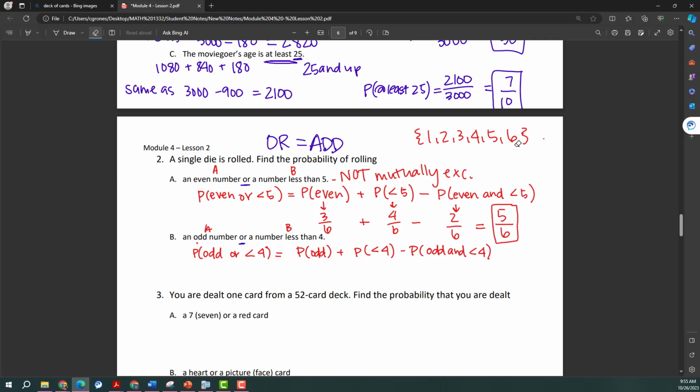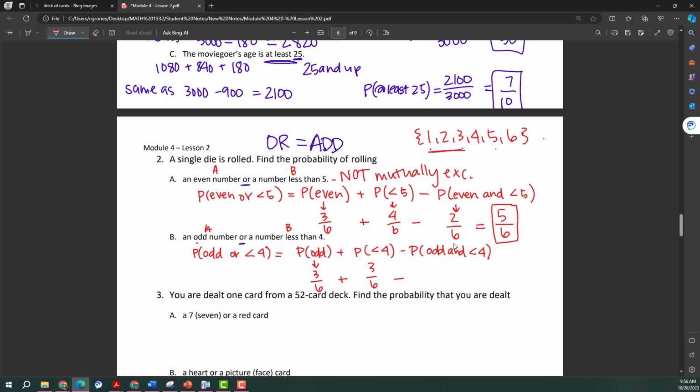Let's look at our sample space. We have the numbers 1 through 6. The probability of being odd, we have 1, 3, and 5. So we have 3 out of 6 that are odd. The numbers that are less than 4 are 3 and down. So we've got 3 out of 6 that are less than 4.